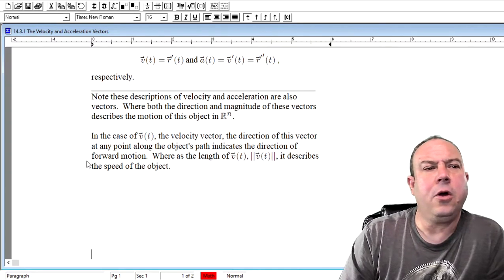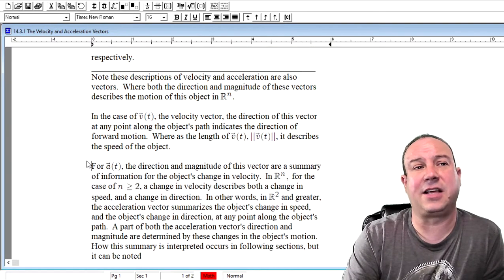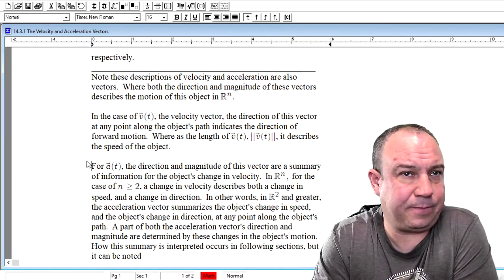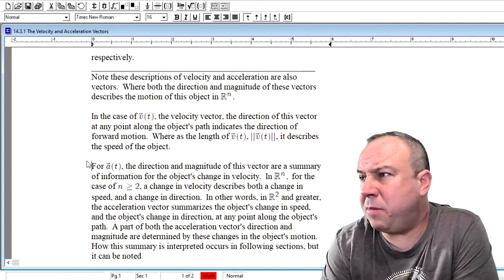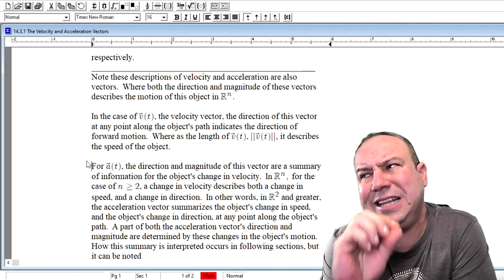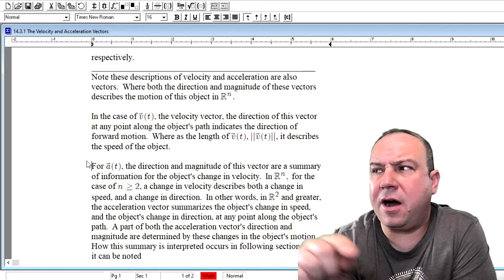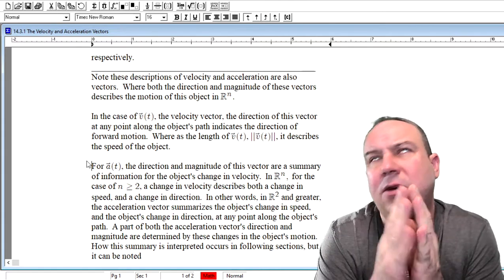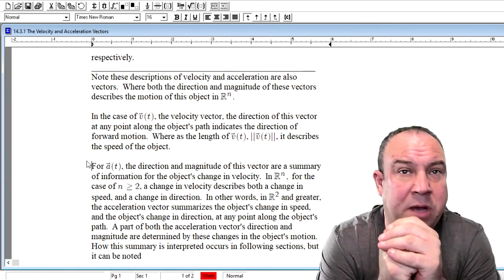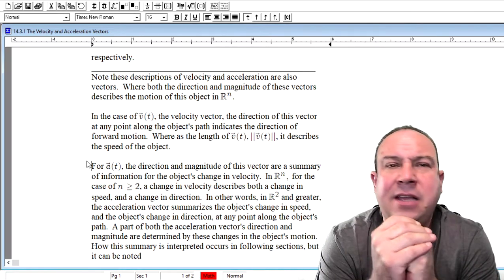Whereas if we look at the interpretation of acceleration, and the acceleration vector, it's a little bit more complex. All right? The direction and magnitude highlighted by the acceleration vector are not so clear initially in terms of what they are summarizing. It really is, in a sense, a summary of information that you're going to have to break down into its components.